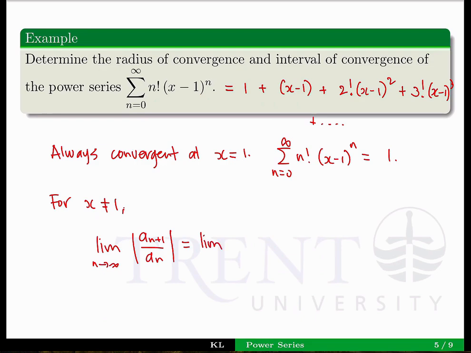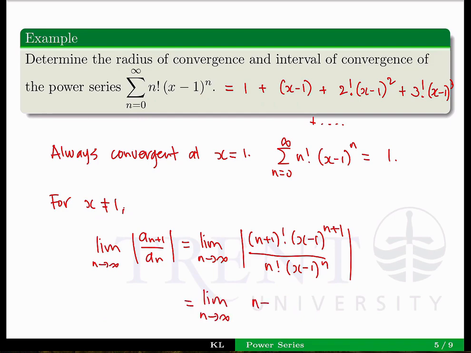This is equal to the limit as n approaches infinity of (n plus 1) factorial times (x minus 1) to the n plus 1, divided by n factorial times (x minus 1) to the n, in absolute values. This simplifies into the limit as n approaches infinity of (n plus 1) times the absolute value of x minus 1 to the power 1.